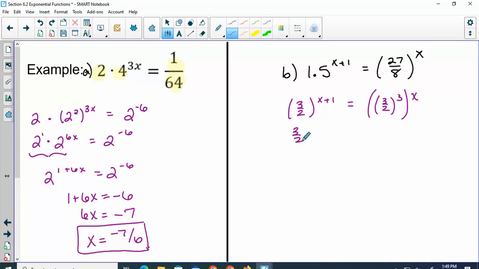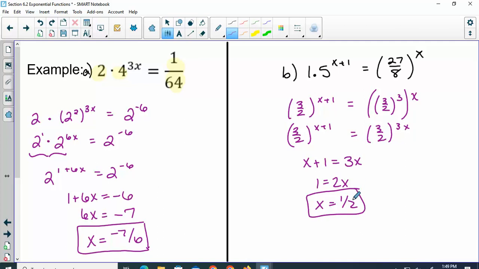So we get 3 halves to the x plus 1 equals 3 halves to the 3x. So x plus 1 equals 3x. Our x is 1 half. Any questions on those two?